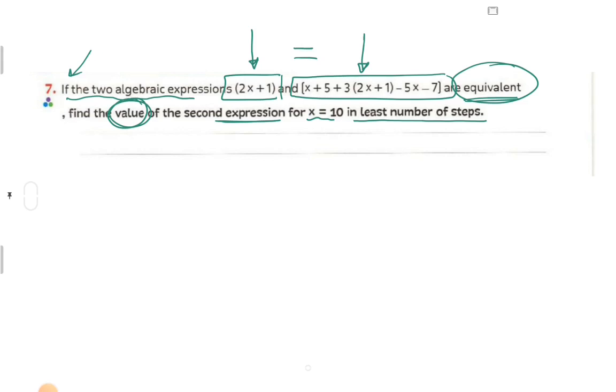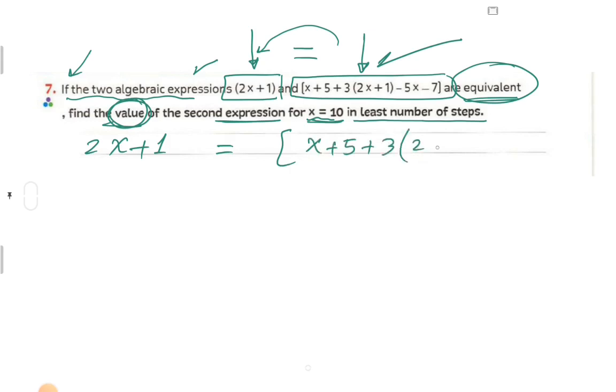If he needs us to find the value of the second one when x equals 10, I know that 2x plus 1, the first, is equal to the second, x plus 5 plus 3 times (2x plus 1) minus 5x minus 7.